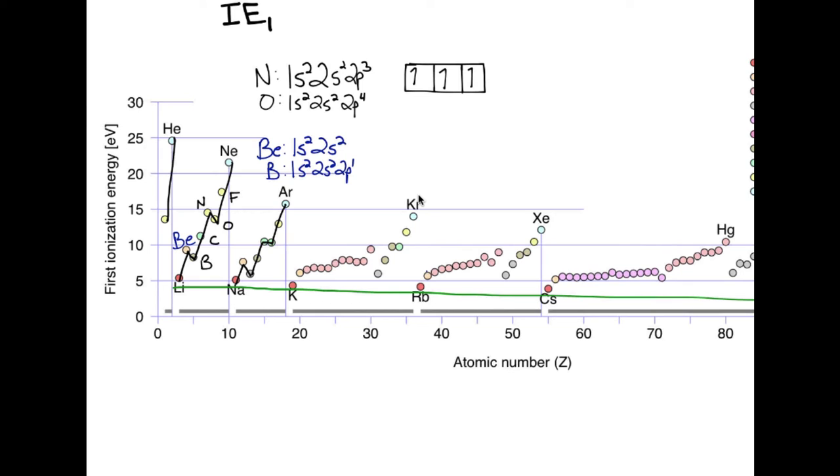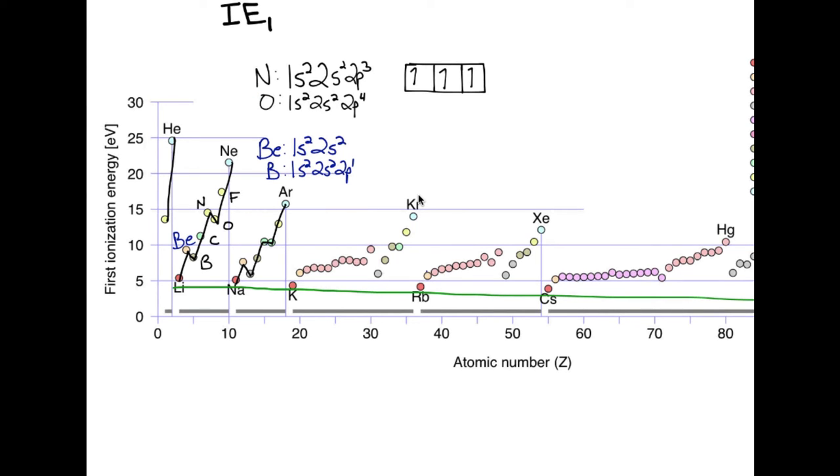So the idea here is that nitrogen is the anomaly, not oxygen. Nitrogen is anomalously high because its configuration is anomalously stable. It's got that extra stability associated with the fact that we've got a symmetrical set of orbitals. All the orbitals are exactly half full. And so it's more difficult to remove an electron from this system because it's exceptionally stable.